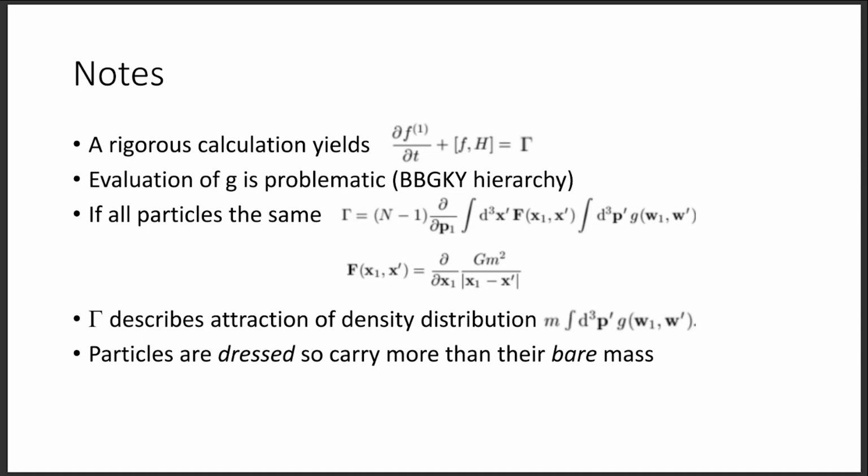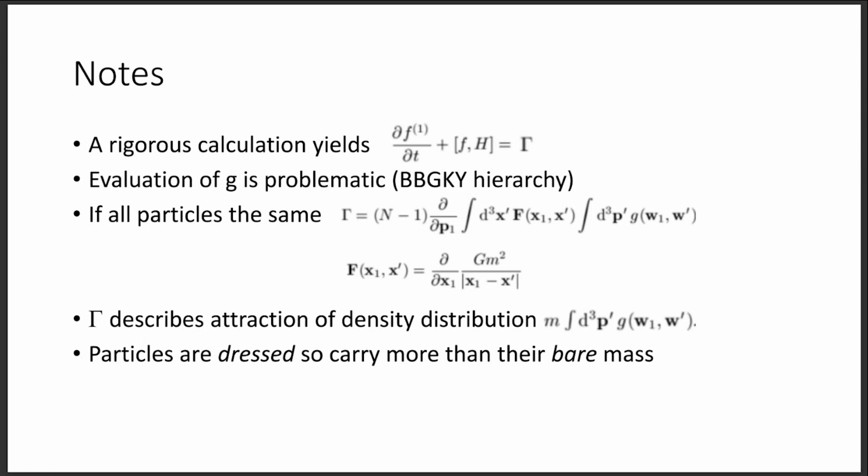So if all the particles are the same, then this collision term, quote unquote collision term, classical physics notation, is really n-1, because that's the number of other particles there are. There are n-1 of these terms, times the rate of change with respect to momentum of this object here, where big F is by definition this gradient. Well, what's that?